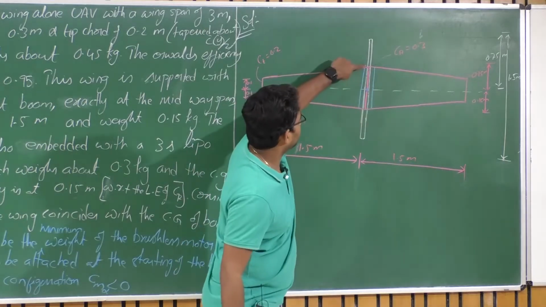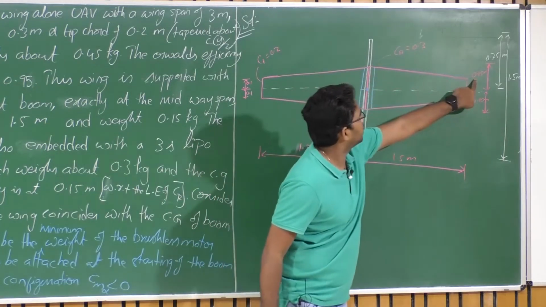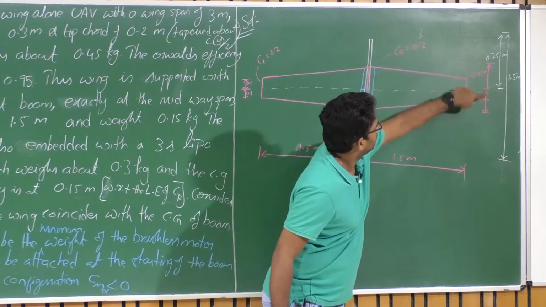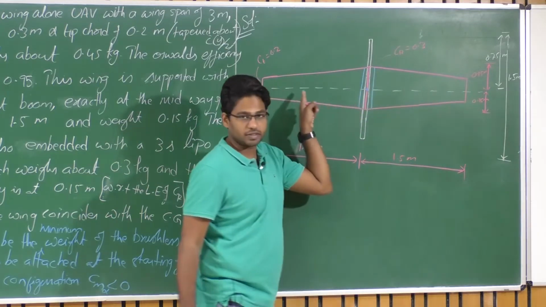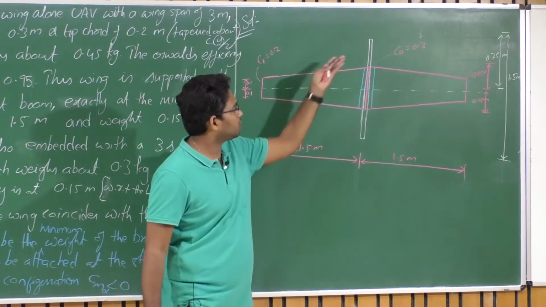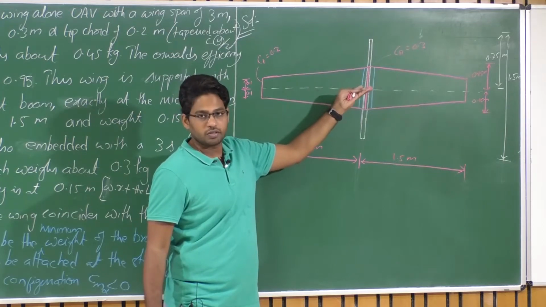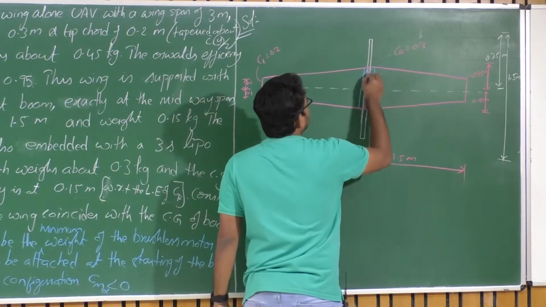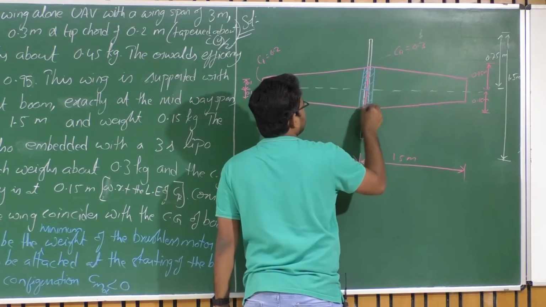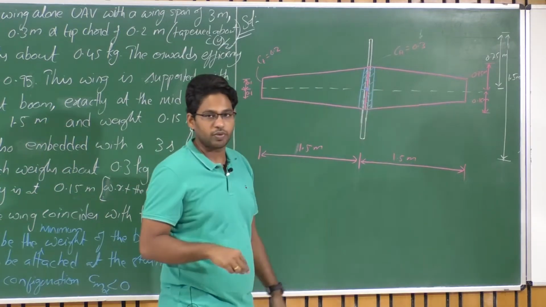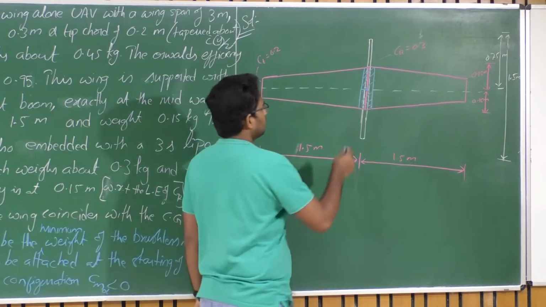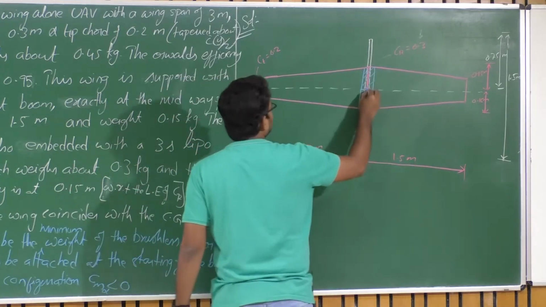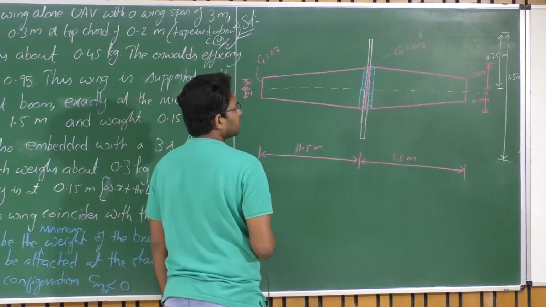So this is my leading edge of the root chord, and 0.15 meters from it falls on this taper axis, which is the CG of the wing, the CG of the boom, as well as the CG of the battery. Let us assume this is the distribution of my battery along the span, which weighs about 0.3 kg. The CG of this battery is also at this particular location.